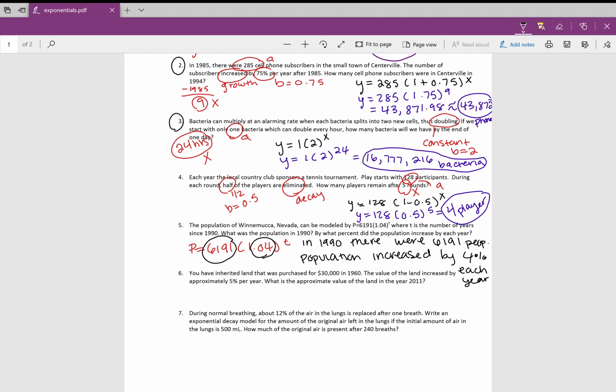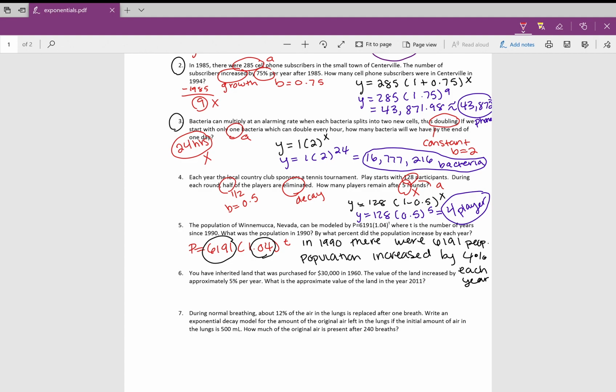Hey, this is what you should have got for number 6. You have inherited land that was purchased for $30,000 in 1960. The value of the land increased by approximately 5% per year. What is the approximate value of the land in the year 2011? Okay, so let's first go through everything and label.